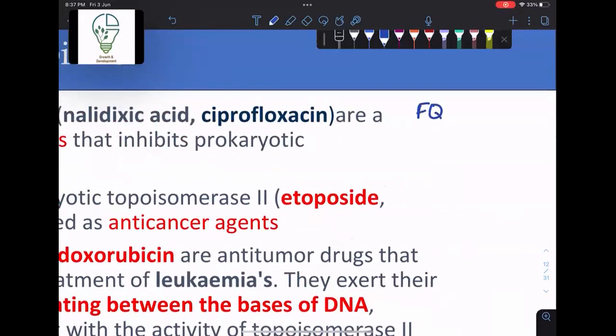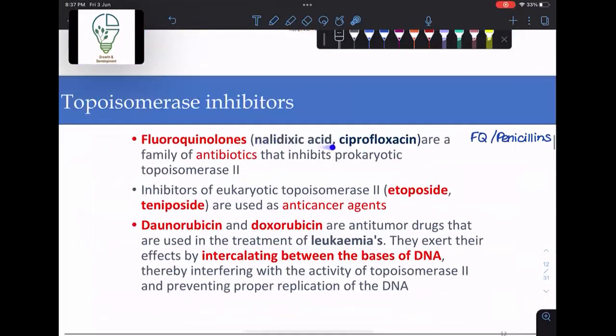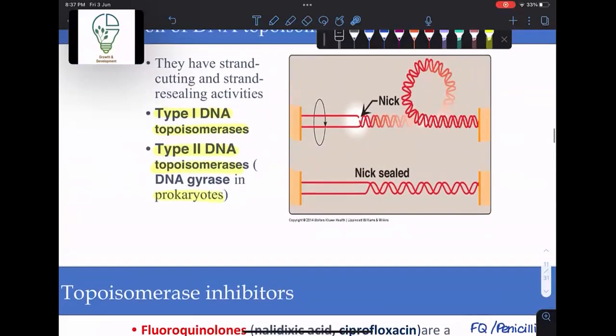We have fluoroquinolones, we have penicillins, and they have different types of names. Nalidixic acid and ciprofloxacin are types of fluoroquinolones, and they inhibit prokaryotic topoisomerase 2.